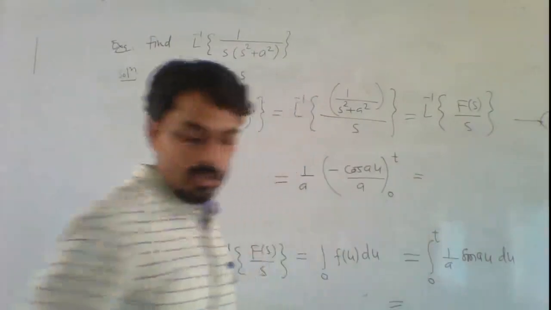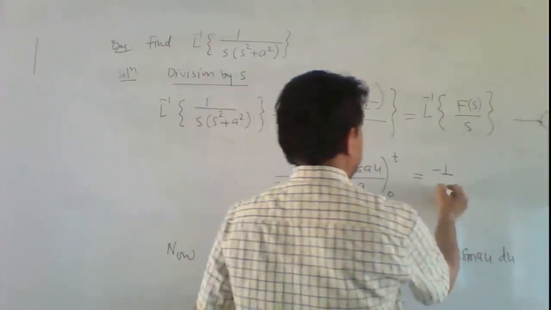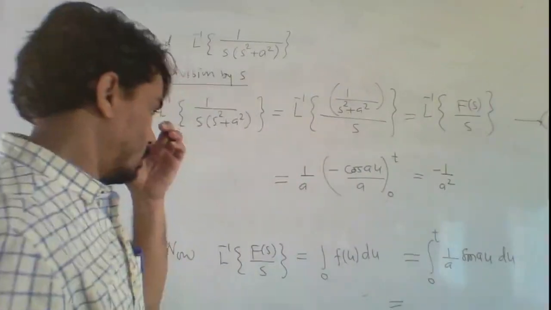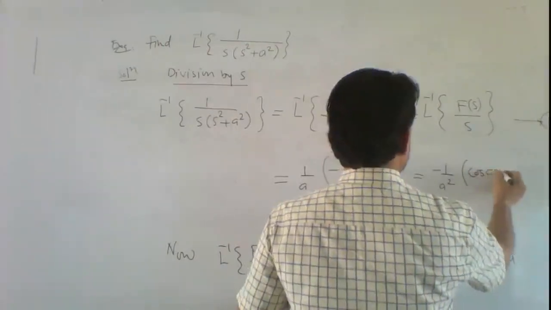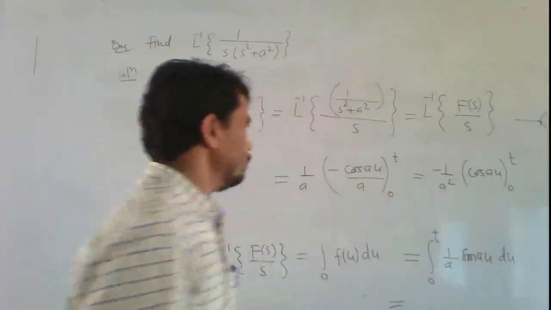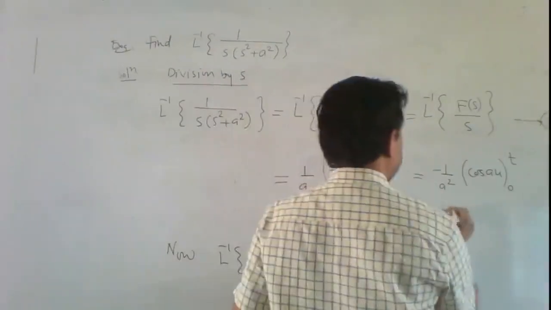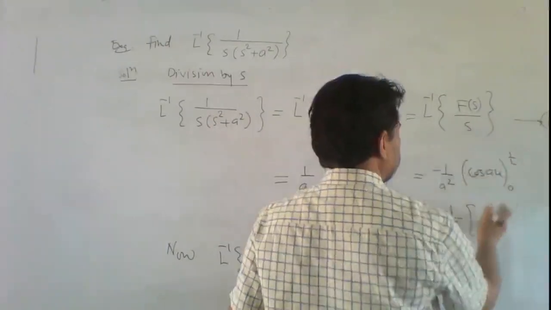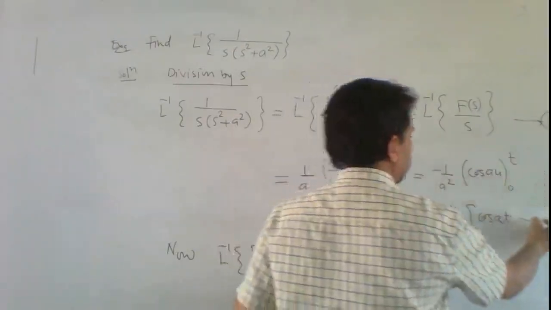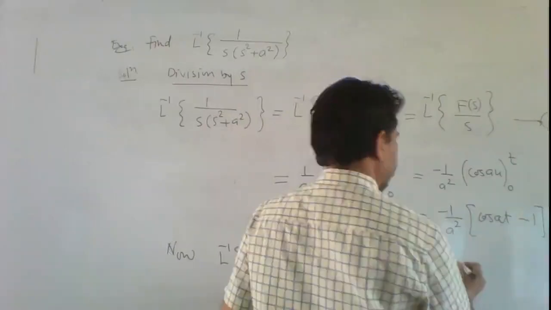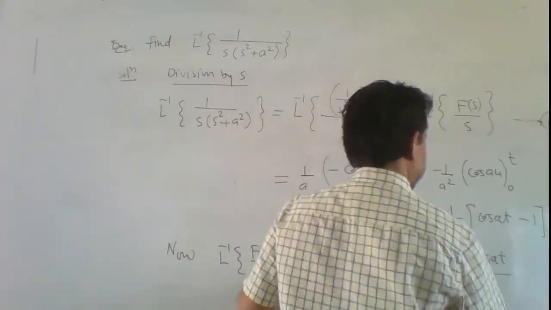Applying the limit, minus 1 by a into a, that is a square, cos a u from 0 to t. Then it is equal to minus 1 by a square, upper limit t: cos a t, minus lower limit 0: cos 0, which is 1. So the total answer is 1 minus cos a t divided by a square.